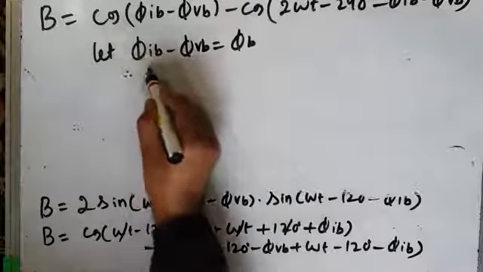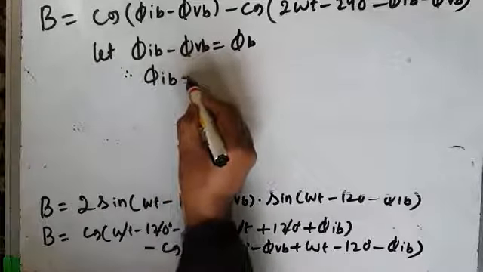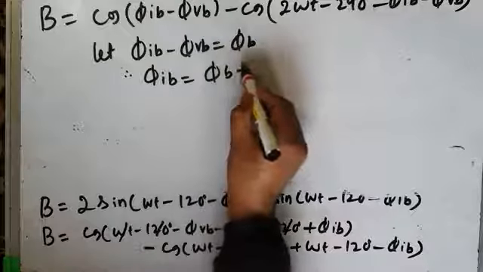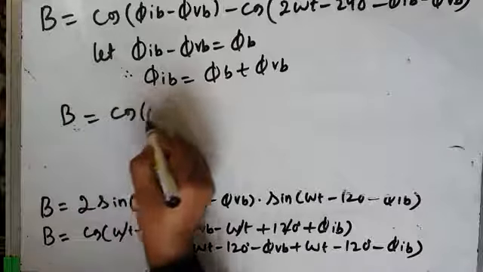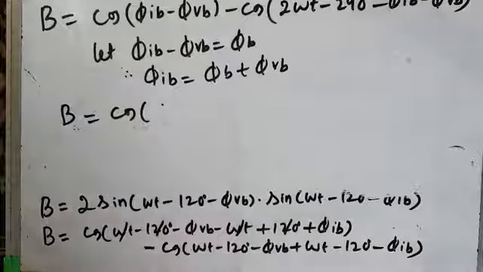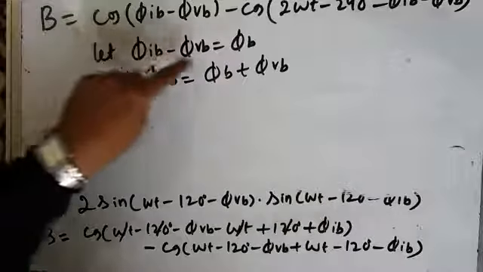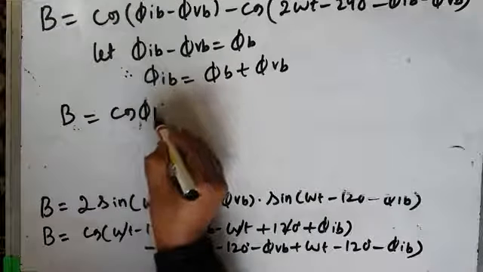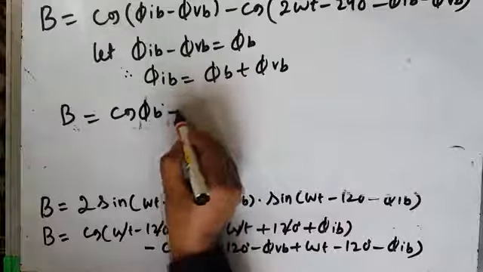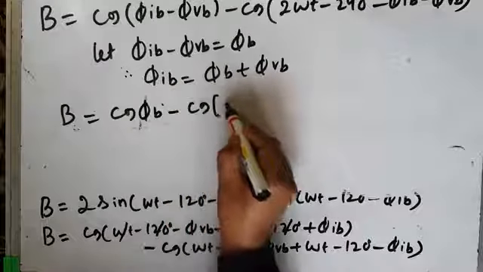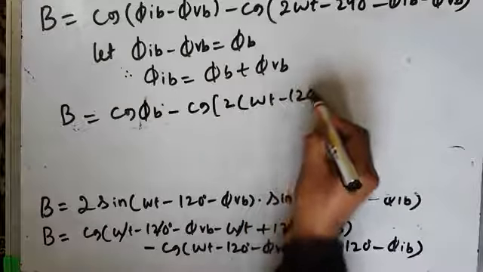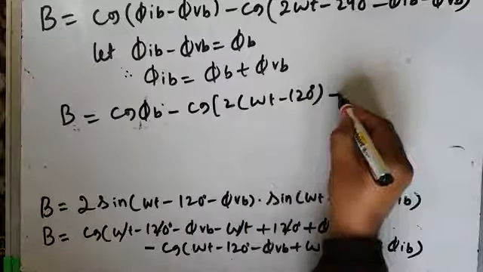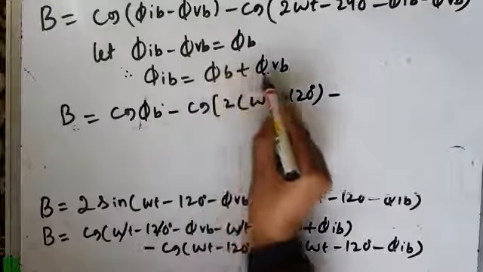So from this, what is, by the way, phi ib? phi ib is phi b plus phi vb. Substitute this in above equation. So b is equal to cos of phi ib minus phi vb, which we denote by phi b as per this equation, minus cos of, I will take 2 common, so 2 times omega t minus 120 degrees, minus phi ib. What is phi ib? It is phi b plus phi vb.